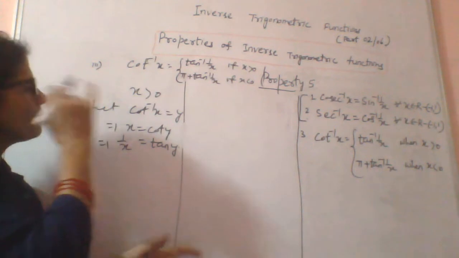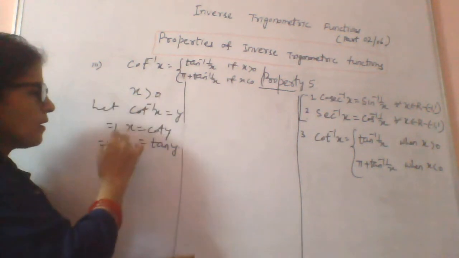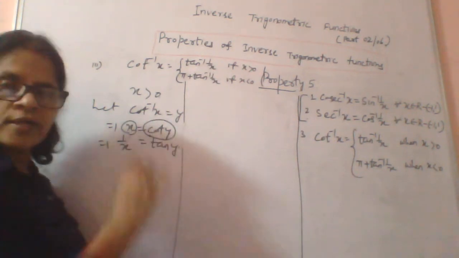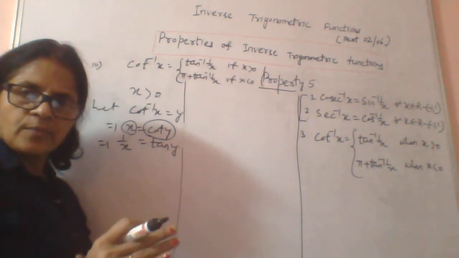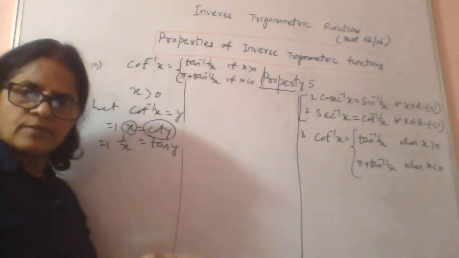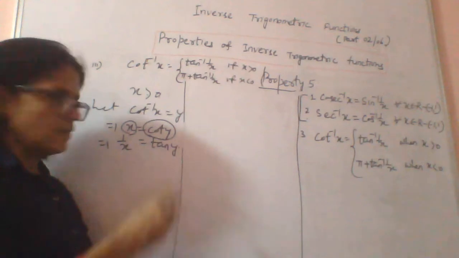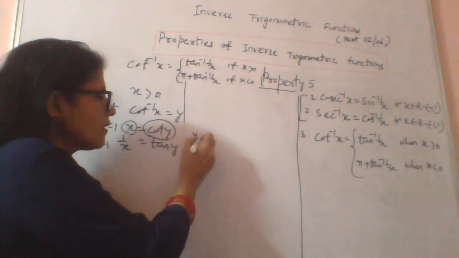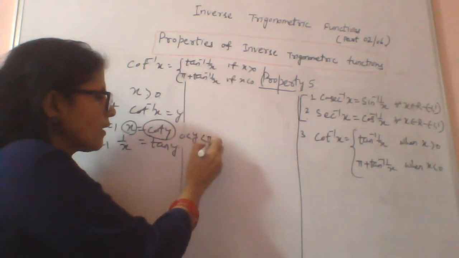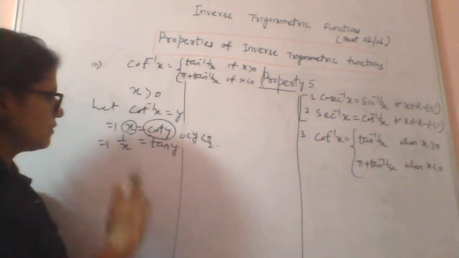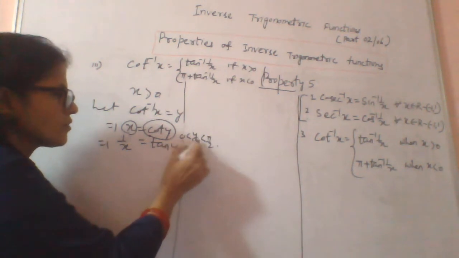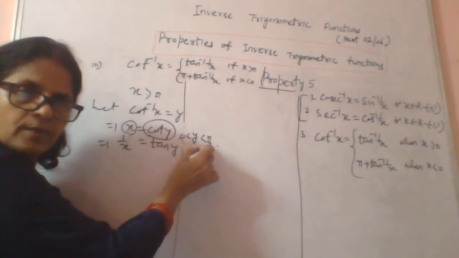Whenever you write x greater than 0 and x equal to cot y, x greater than 0 means cot y greater than 0. So we have the choice of angle in first quadrant or second quadrant. X being positive, cot y is also positive. It means here y is between 0 and pi by 2. Okay, first quadrant. So 1 by x equal to tan y. Here you see y belongs to open interval 0 pi by 2, right?